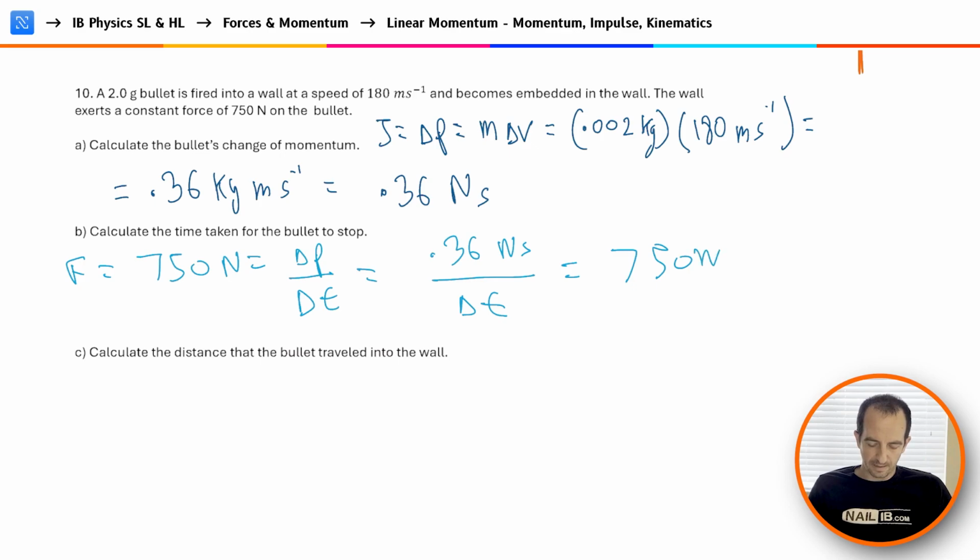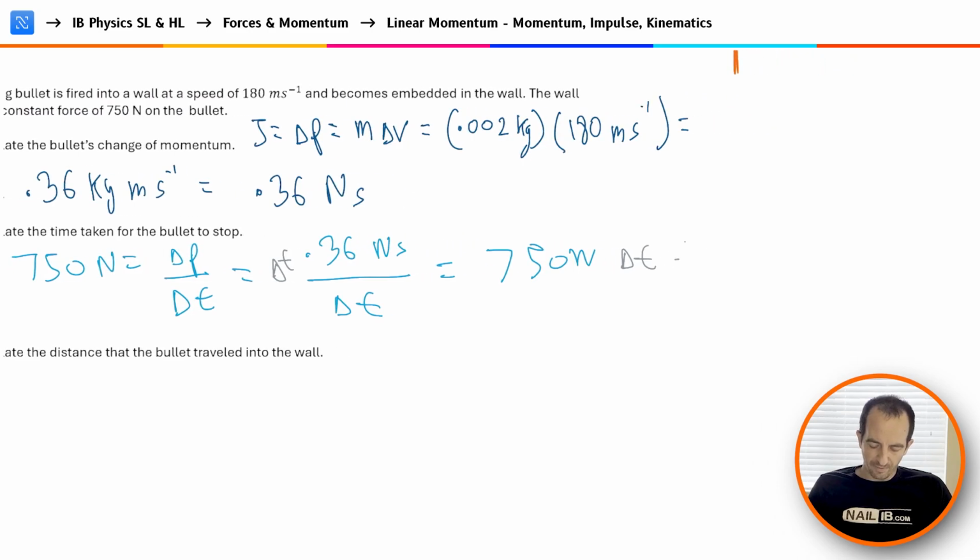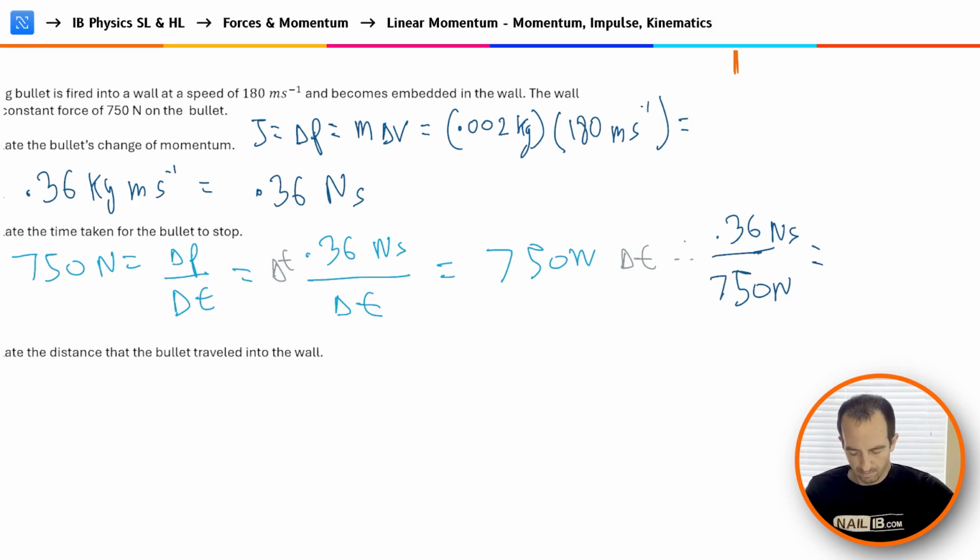750 newtons, I multiply both sides by delta t, and then I divide both sides by 750, and I would be left with the final answer of 0.36 Newton seconds over 750 newtons. 0.36 divided by 750 is equal to 0.00048.